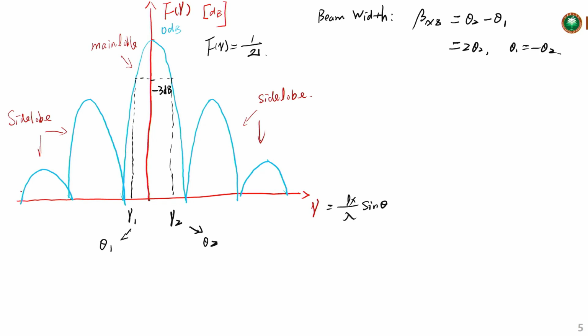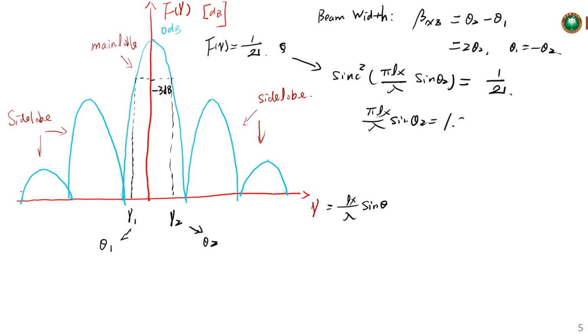Then when this equals half, we can calculate it as sin squared of pi Lx over lambda sin theta 2 equals half. That means pi Lx over lambda sin theta 2 equals 1.39.